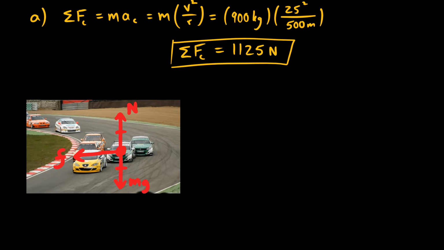And so the question says to find the coefficient of friction. So right away I know, okay, it's asking me for the coefficient of friction. Well, the one equation I know that talks about coefficients of friction is the friction equation.